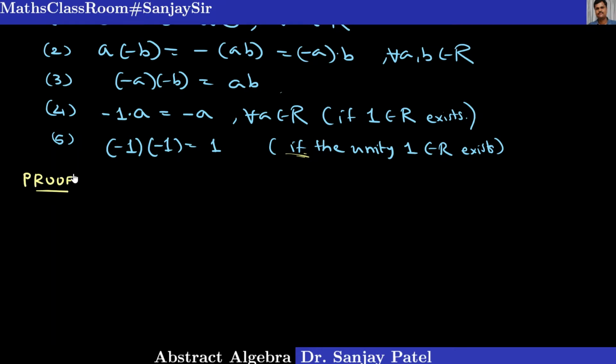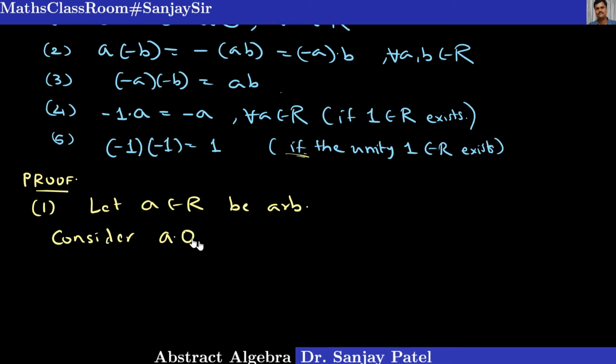The first thing, A into 0 is equal to 0. So I start with any A belonging to R, any element in the ring, and we consider A into 0. 0 is the 0 of the ring.